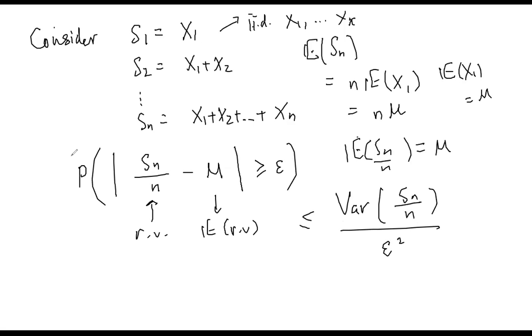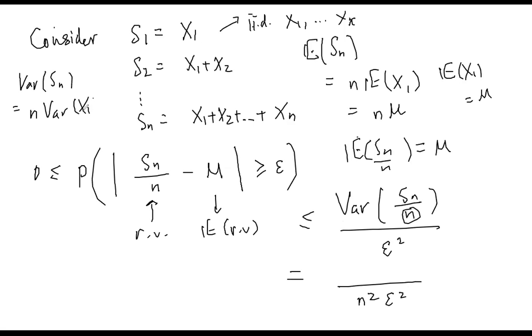The lower bound is 0. Over here you will have n squared epsilon squared, where epsilon is a constant. The variance of Sn is n times the variance of X1, so this is n sigma squared.